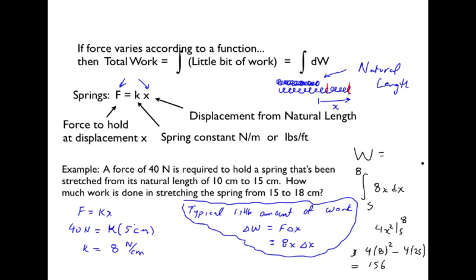What did we just compute? So work is Newton meters normally, but all our distances were in centimeters. This is Newton centimeters. If you want Newton meters, 100 centimeters in a meter, so 1.56 Newton meters.